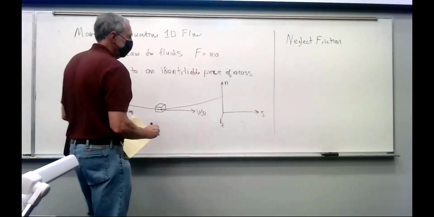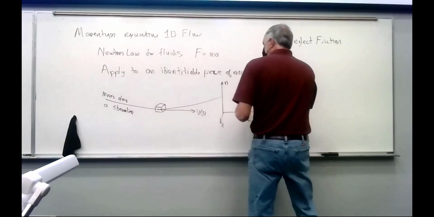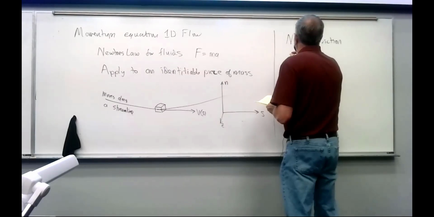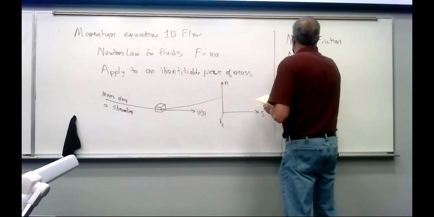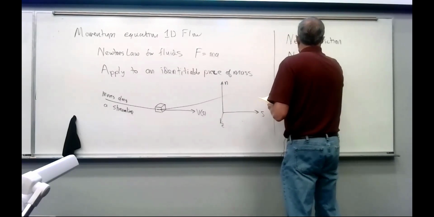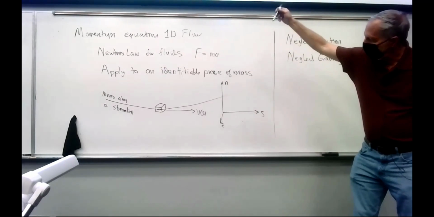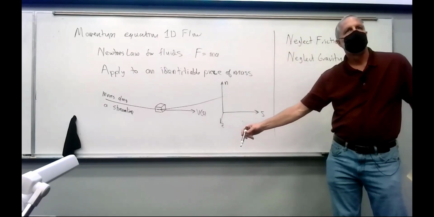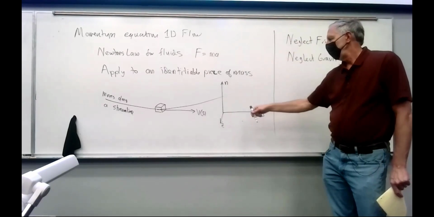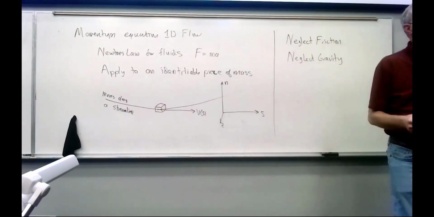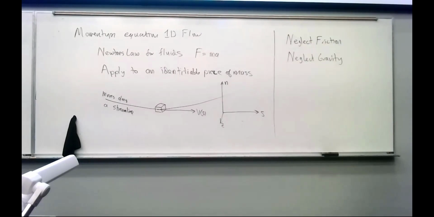We're going to neglect that. And we're going to say that the pressure forces on this thing are a lot bigger than gravity. And gravity is usually downward, and so it's perpendicular rather than parallel to the flow. But gravity on this thing is small compared to the pressure forces.